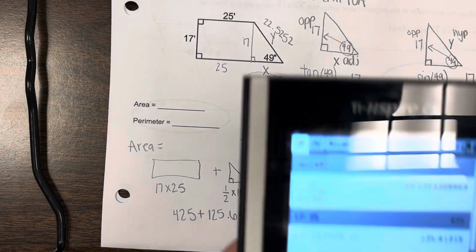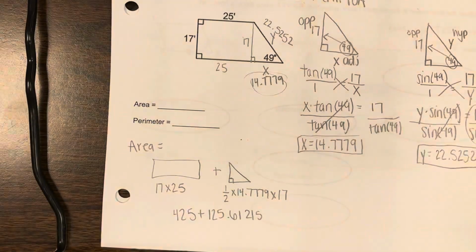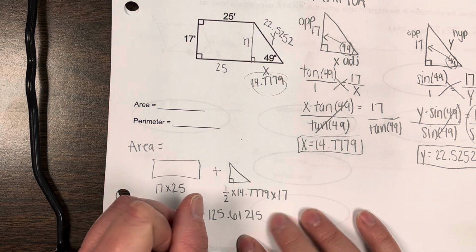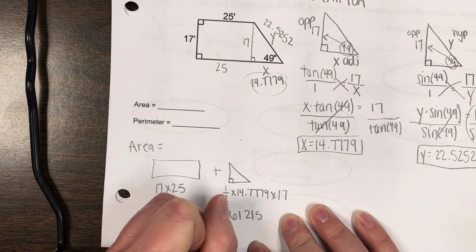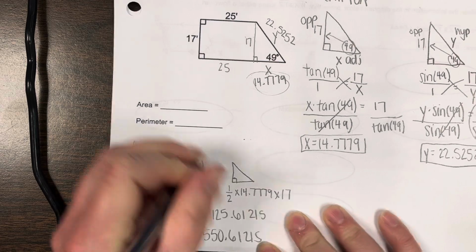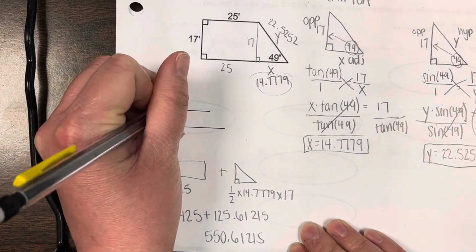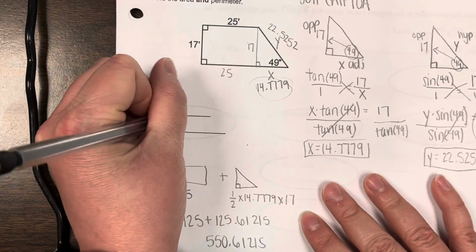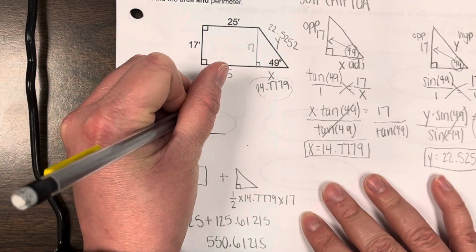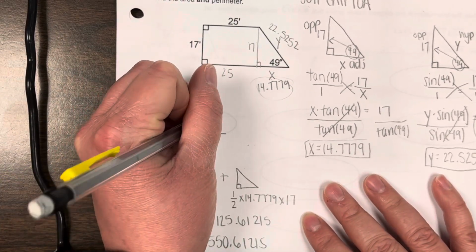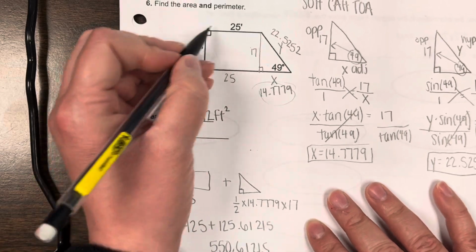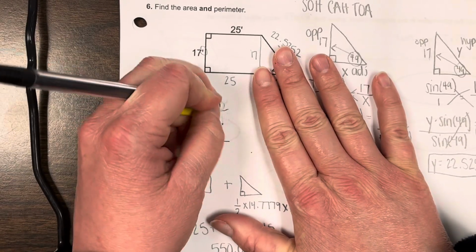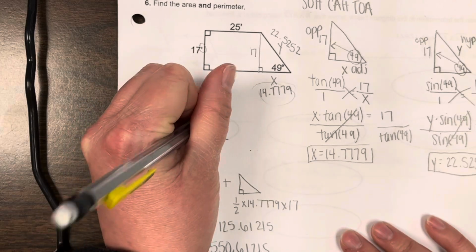This is what came out. I just copied all of it, and then I'm going to add 425 to that, so I get 550.61215, and I'm just going to round 550.612 feet squared. And if you don't know that this one dash is feet, you could just literally write the 1 dash and then write squared.